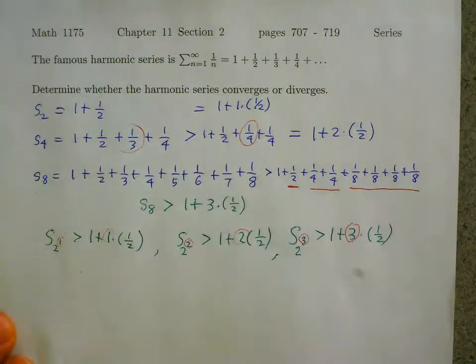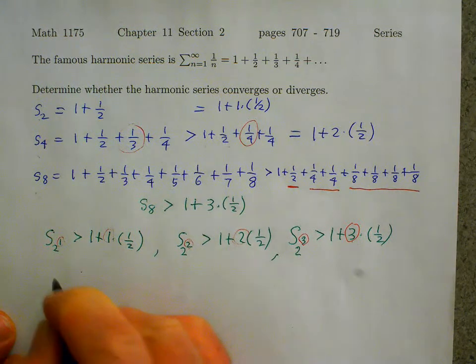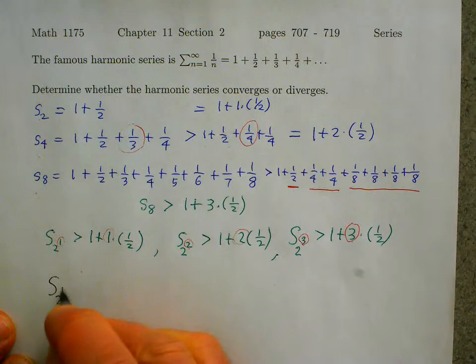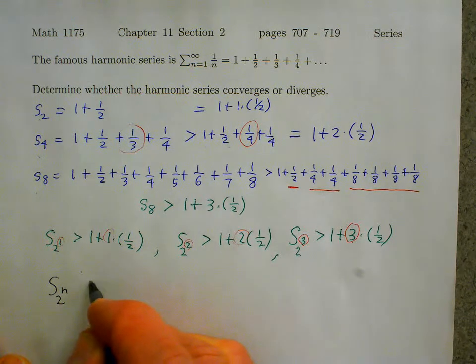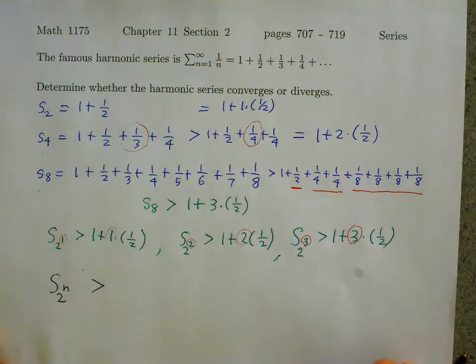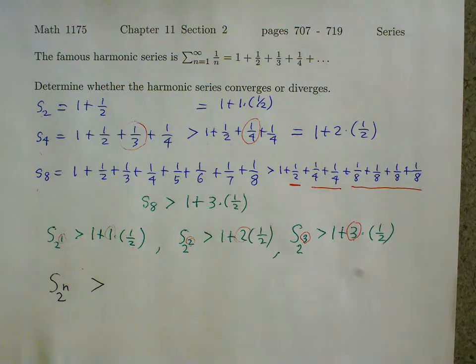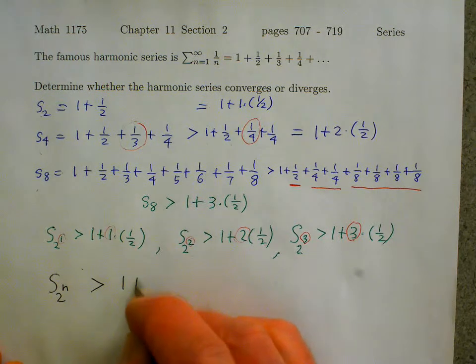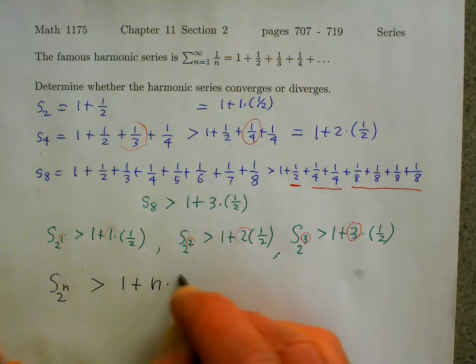So what should I be able to say about S sub 2 to the nth, the partial sum of the harmonic series? If it follows the same pattern, what should that be greater than? 1 plus n over 2? Yeah, 1 plus n times 1/2.